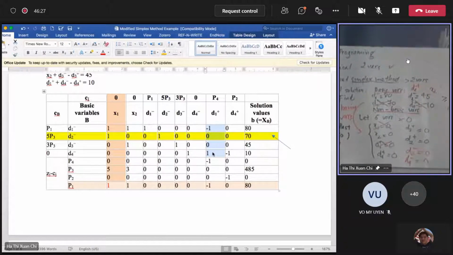So you have minus P1, right? Minus P4. So here minus P1 and minus P4. Okay. Here we minus P4, right? So this one here just only minus P2. You take this, you times with this one, and you minus with P2.